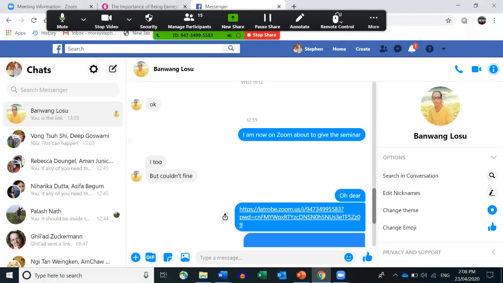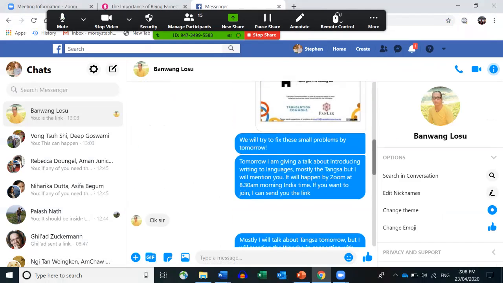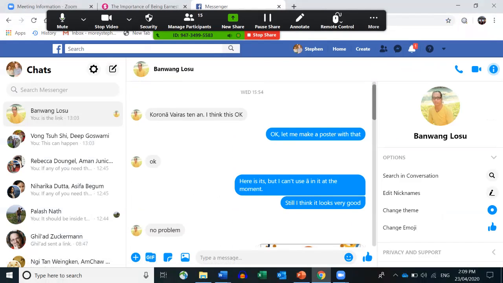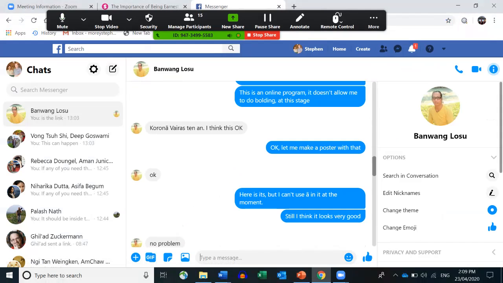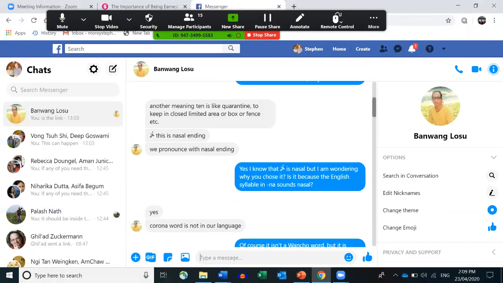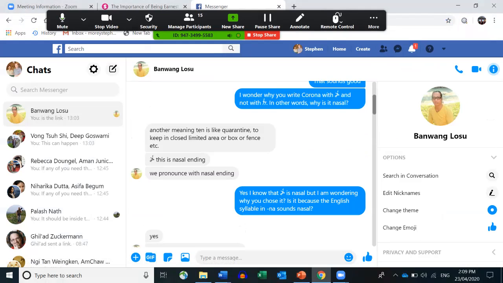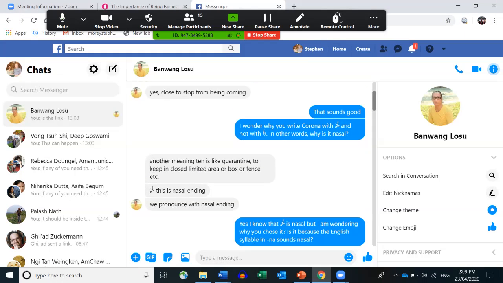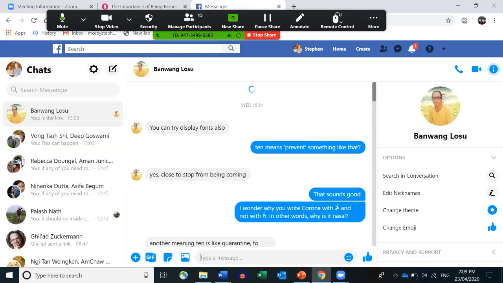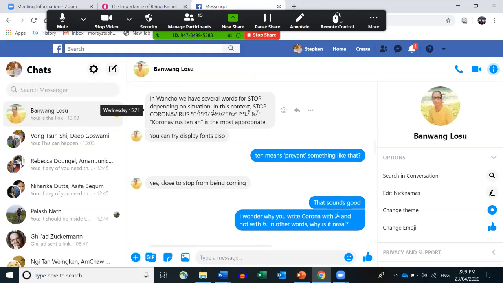Banwang has left, but this is something which, yeah, here we go. So you can see here, I'll just go up a tiny bit further, hopefully find, yeah. So here is the word coronavirus, stop coronavirus, translated into the Wancho script, and you can see that this is working in Facebook.